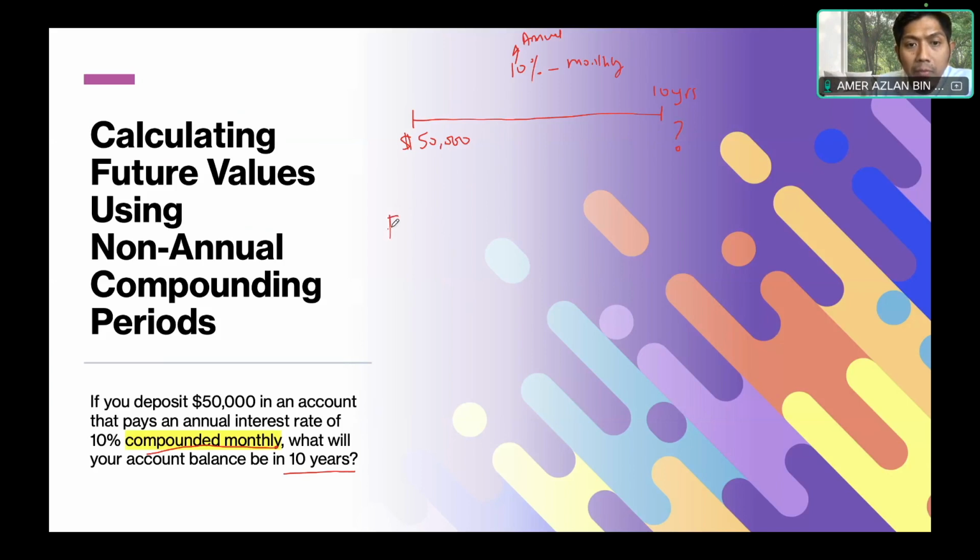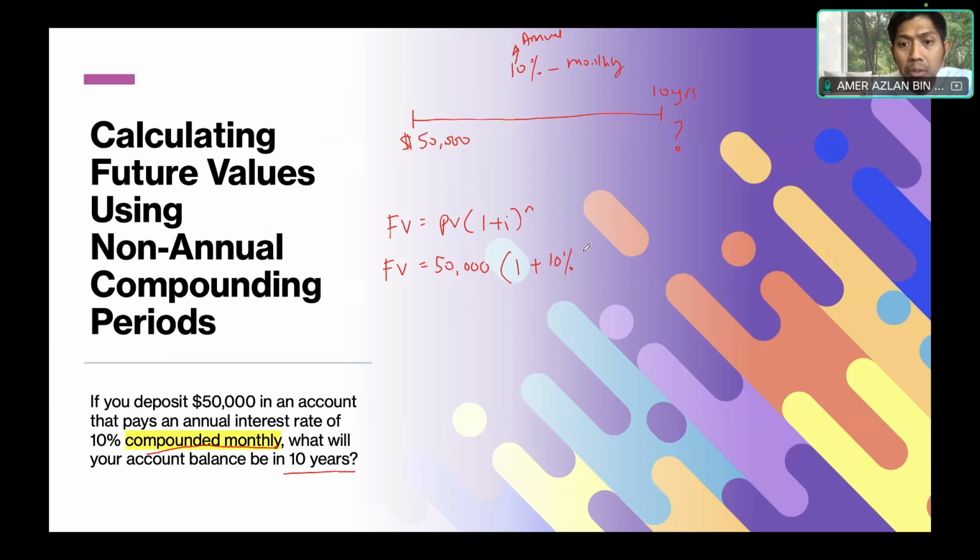So applying the same formula, we know the present value is 50,000, times 1 plus I. The I is 10%. However, this 10% is an annual return. If it is compounded monthly, meaning 1 year we have 12 months, right?